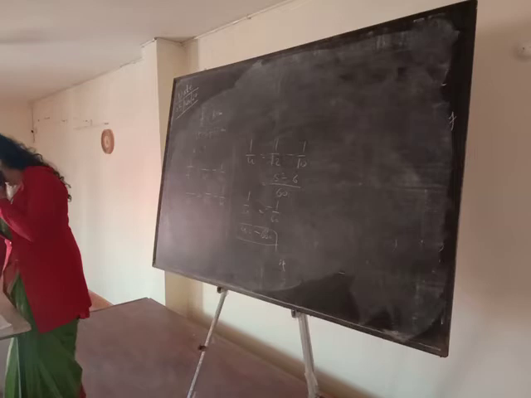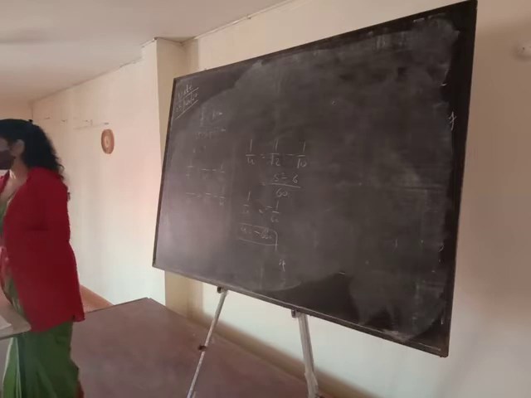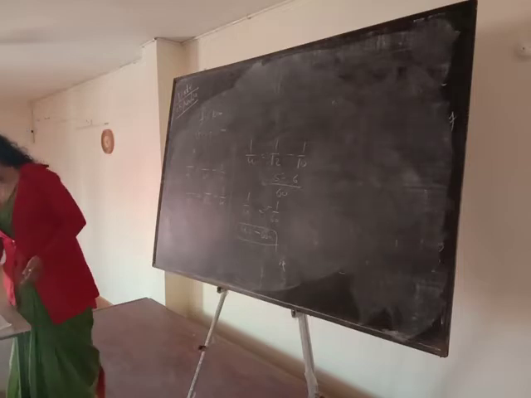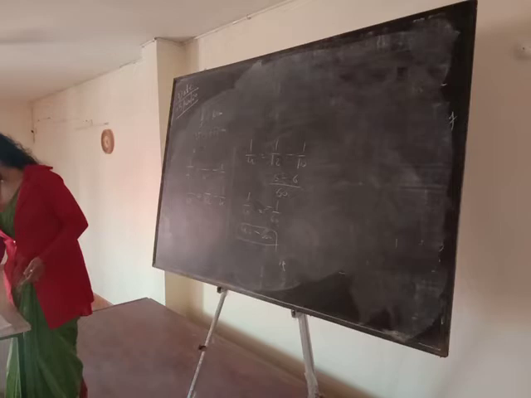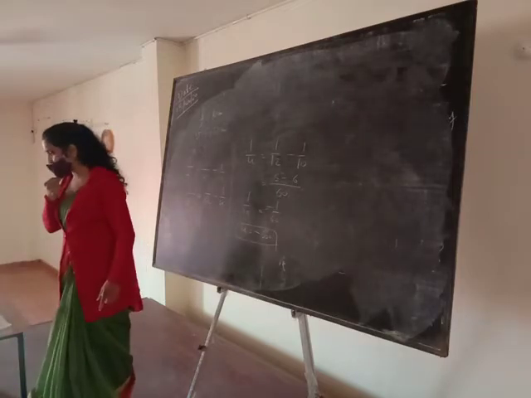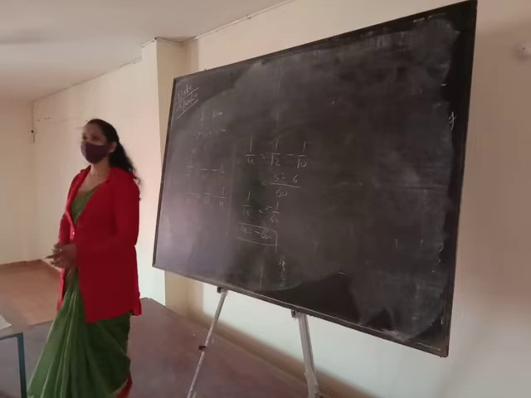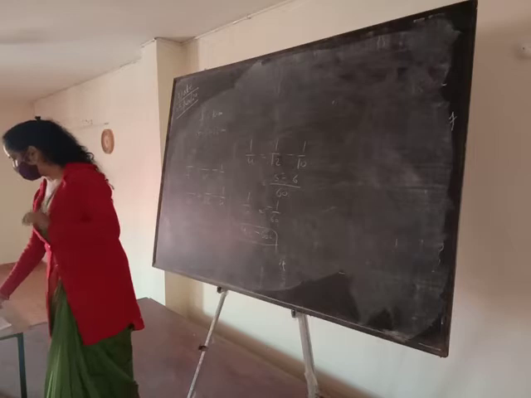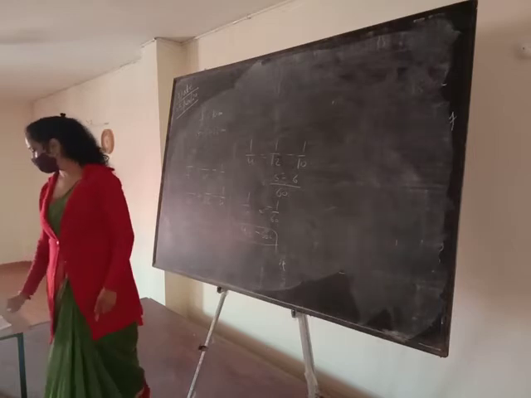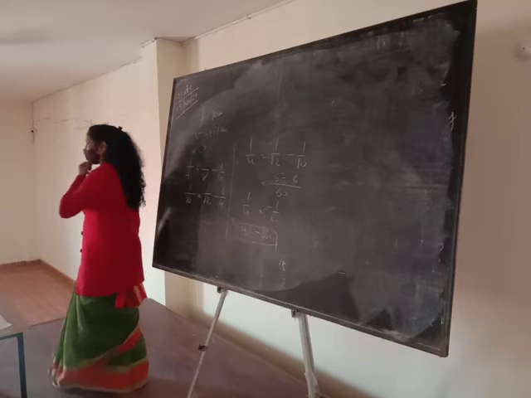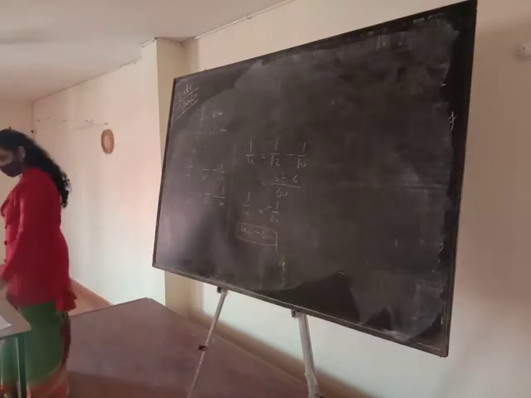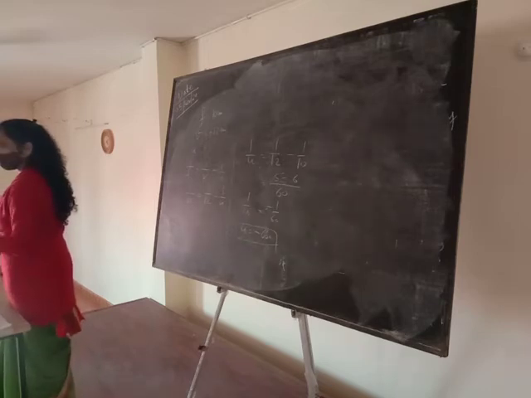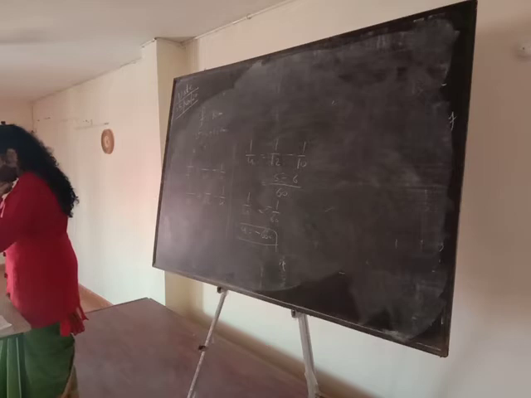Write the question. If an object of 7 centimeter height is placed at a distance of 12 centimeter from the convex lens, the focal length of the lens is 8 centimeter.